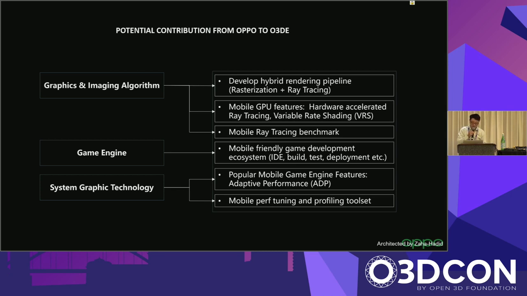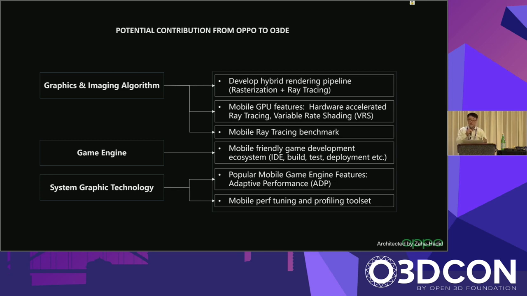And for the game engine, currently, besides the commercial engines, for the open source engines, we don't see a mobile-friendly game developing ecosystem, including O3DE, which means your IDE, your build pipeline, your test pipeline, your deployment pipeline need to be really friendly with mobile developers. Currently, it's not the case.